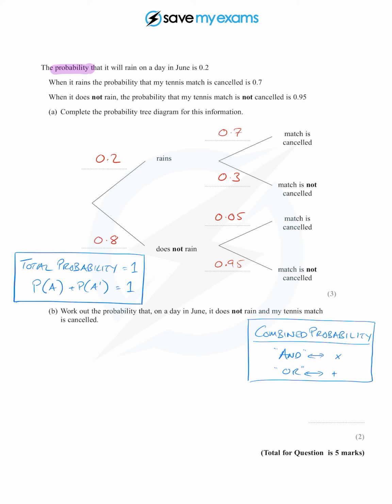Right, what does it ask me to do next? Work out the probability that on a day in June it does not rain and my tennis match is cancelled. Okay, so let's write that down as a probability. So the probability of not rain, we could use rain dashed if you like, but I'm not going to, and cancelled.